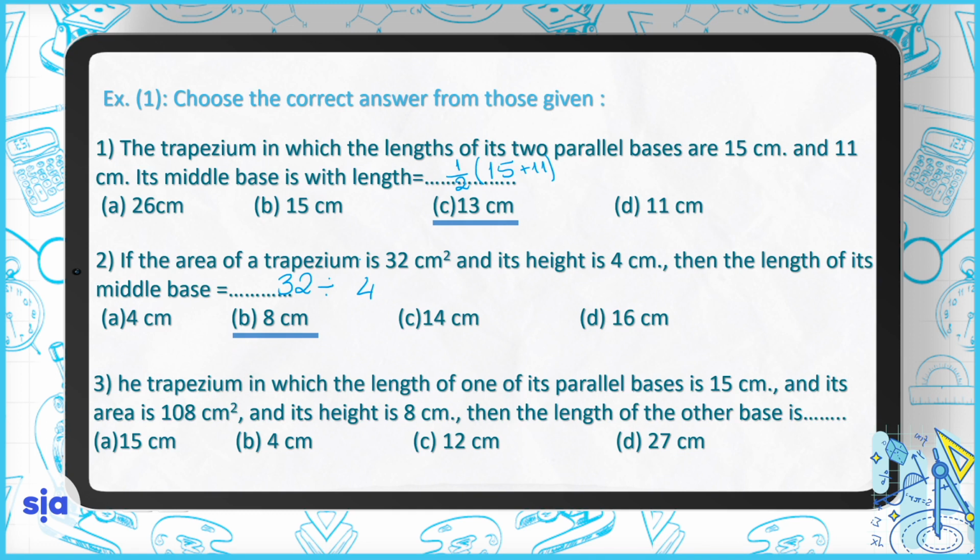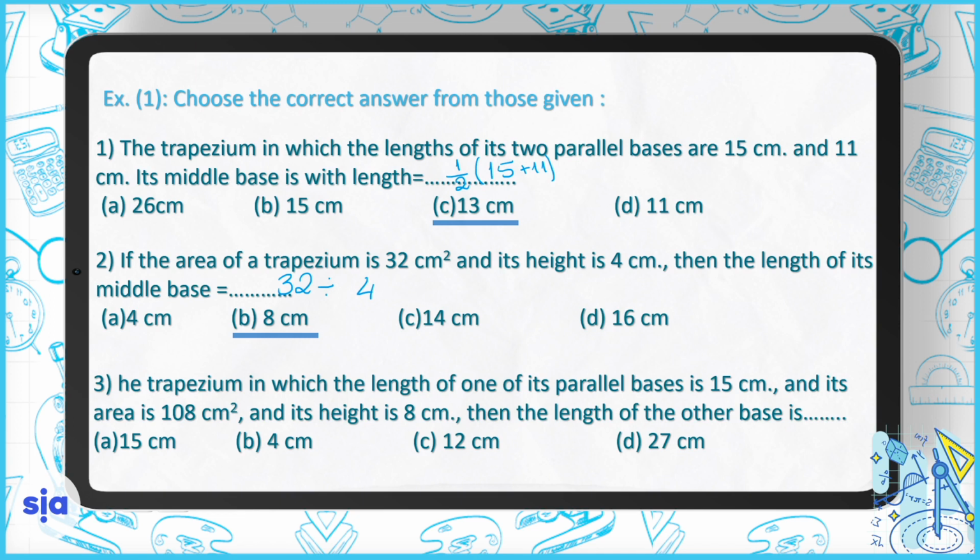For question 3, the trapezium in which the length of one of its parallel bases is 15 centimeters and its area is 108 centimeters squared and its height is 8 centimeters long, what is the length of the other base?